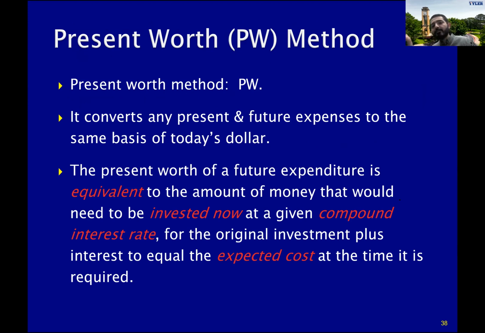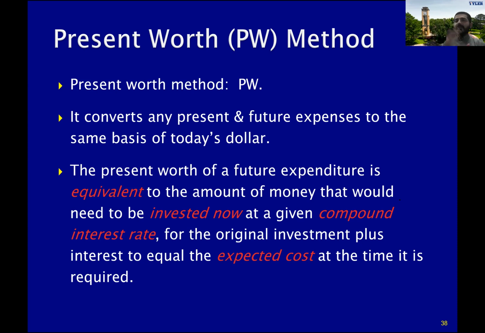The present worth of a future expenditure is equivalent to the amount of money you would need to invest now at a given compound interest rate, for the original investment plus the interest, in order to equalize it to the expected cost at the time when it's required. That's basically the whole concept behind the present worth.